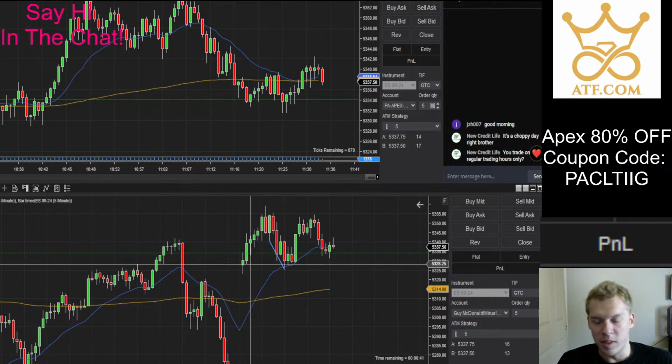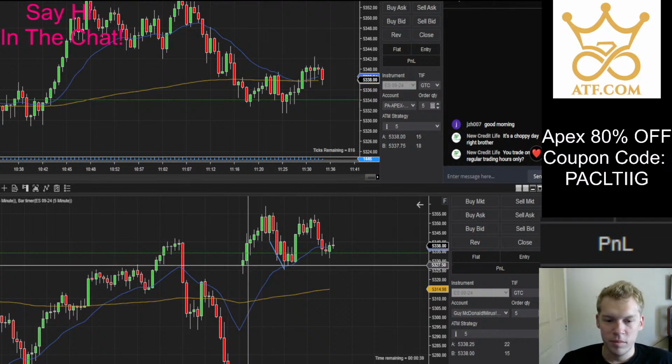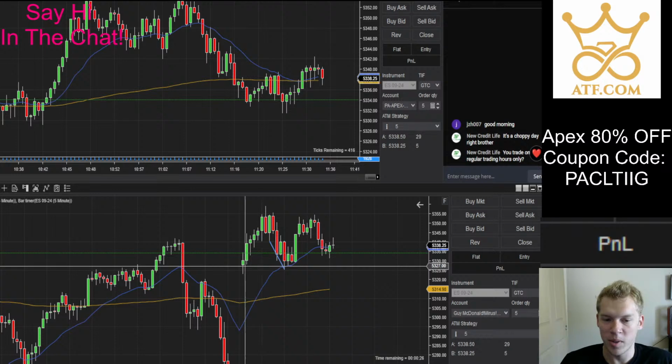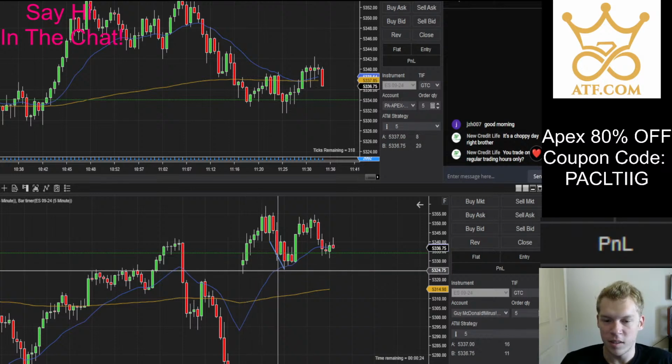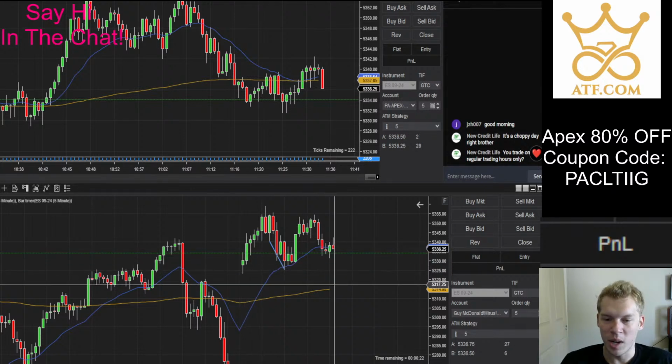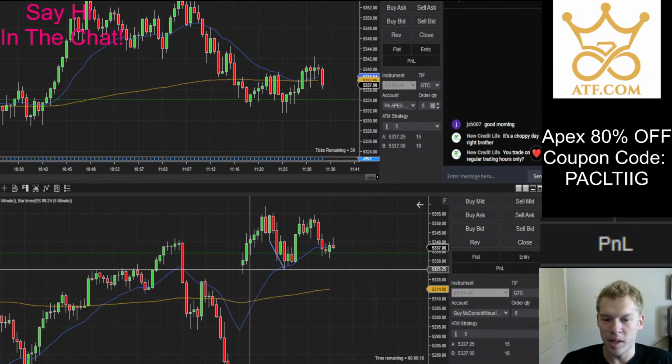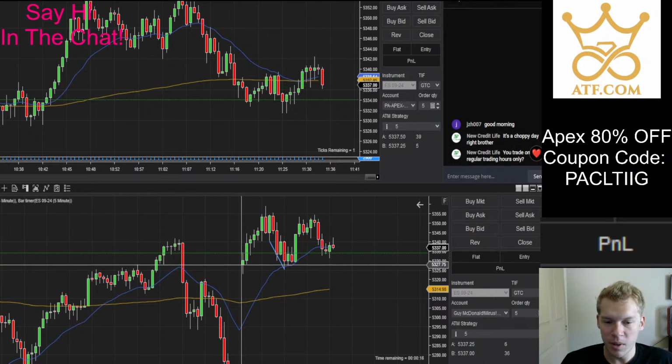I know the open is important. So the open of the 9:30 price is important, and you can see we tested it here. And normally, if you test the open a couple times, it'll continue to try to test the open throughout the day. So probably if we break down below here, it'll probably come back up and test the open. So I like having that.